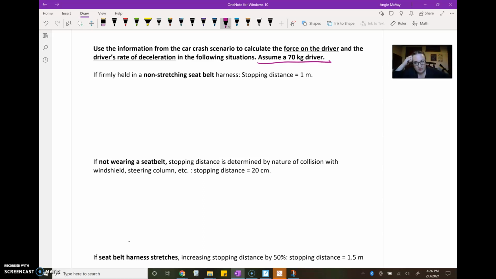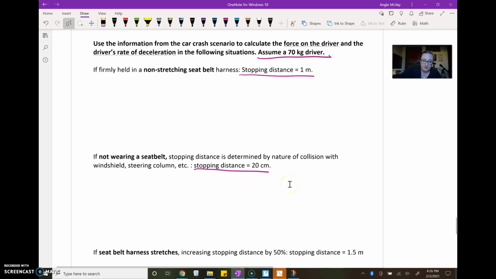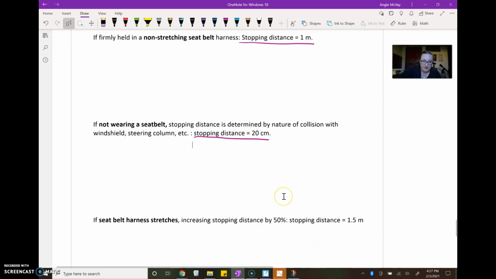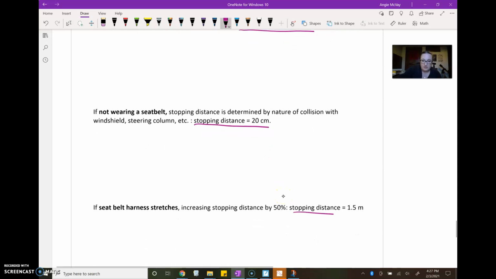Non-stretching seatbelt: when your seatbelt is ratcheted down and locked down and you can't move, your stopping distance would be exactly the same as the distance the car is stopped. If you're not wearing a seatbelt, your stopping distance is 20 centimeters, which is the distance it takes for your spine to crumble or your neck to roll or whatever. And then if your seatbelt stretches like it's supposed to.